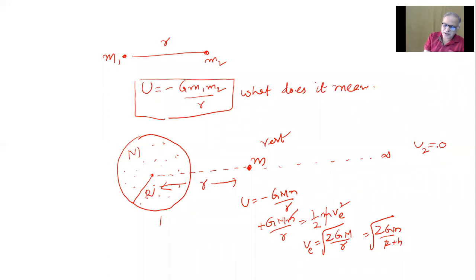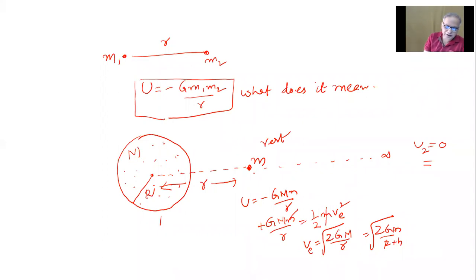When I said potential energy at infinity is 0 and at some point below infinity is minus G M m by r, it means to say that it is falling short of G M m by r energy to go to infinity. Do you follow?